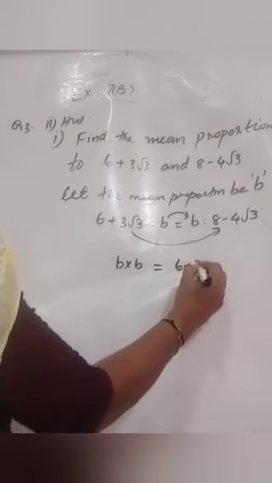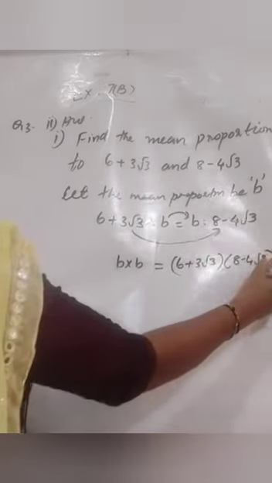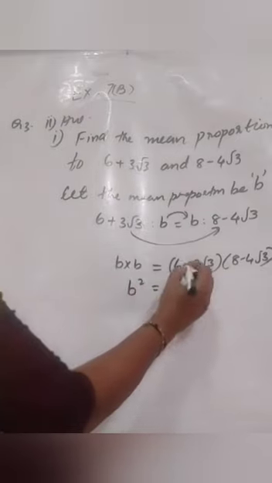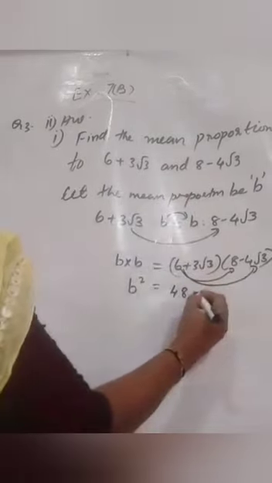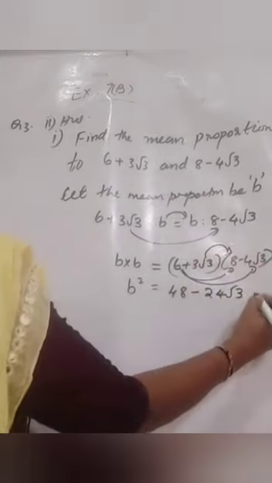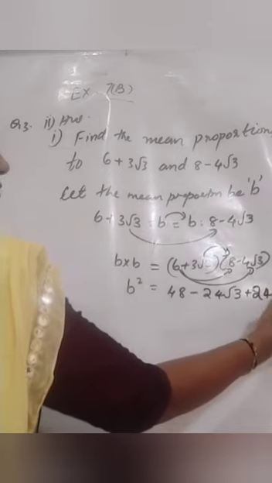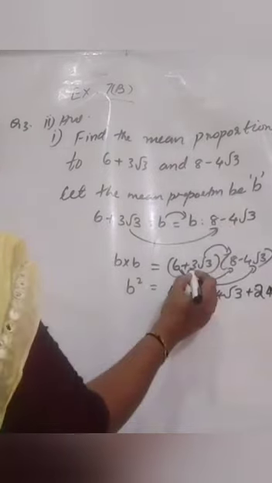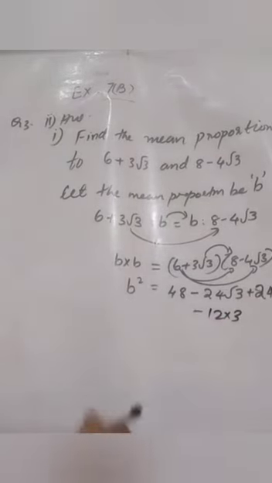So we write the ratio as 6 plus 3 root 3 is to b equal b is to 8 minus 4 root 3 and multiply. B square equal 6 plus 3 root 3 into 8 minus 4 root 3. Multiply each term. 48 minus 24 root 3 plus 24 root 3 and the product of last two terms, 12 into root 3 into root 3, 3.